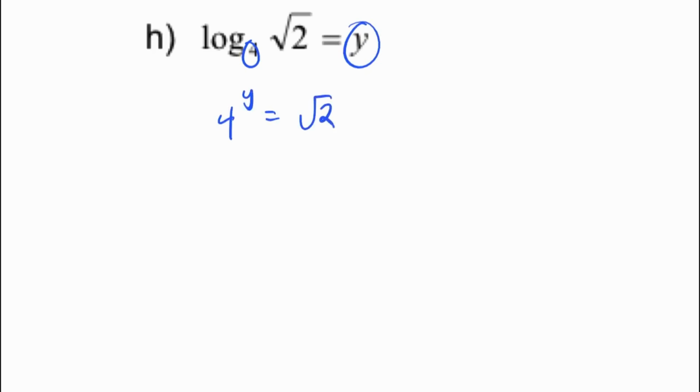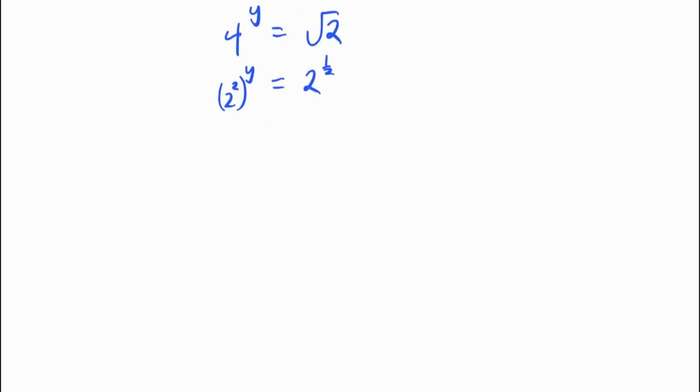Our problem here is that our bases don't match. So what we're going to do is get it so that the bases do match. Well, first of all, square root of 2 is the same as 2 to 1/2. Now, 4 can also be expressed as a power of 2. So 4 is the same as 2 squared and then to the exponent y.